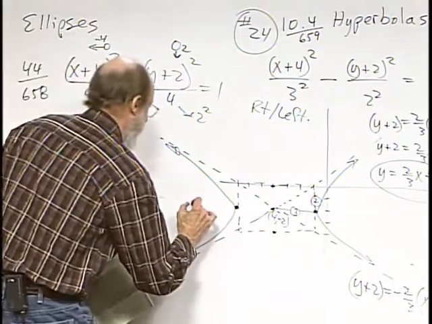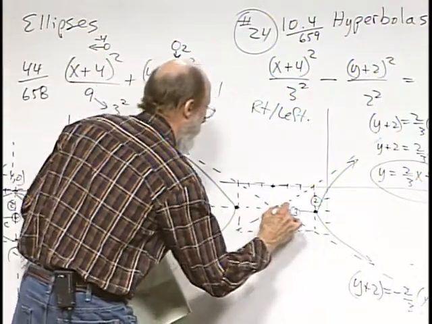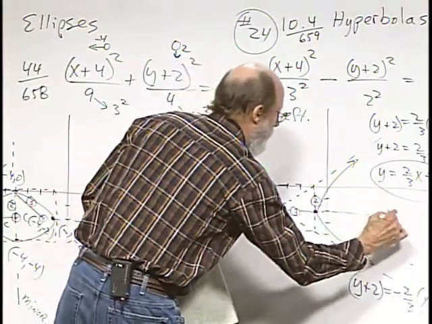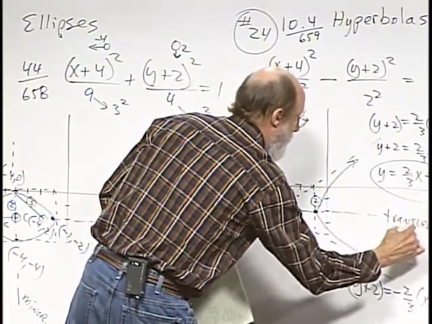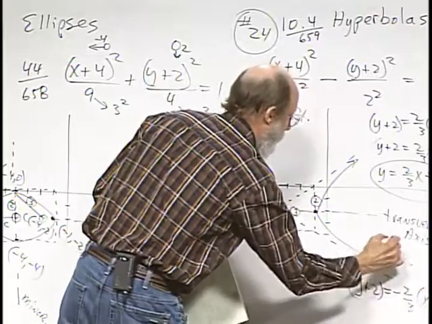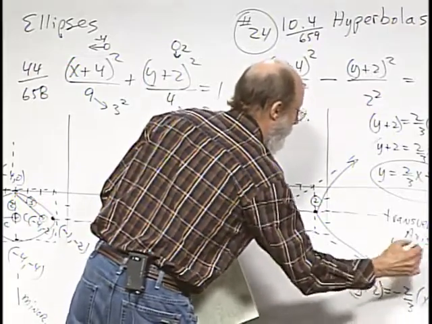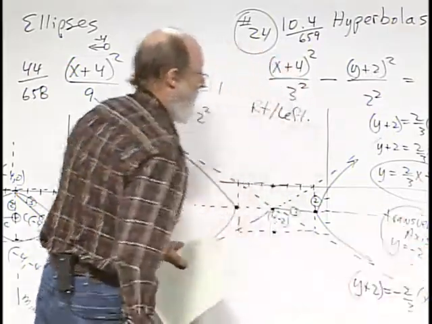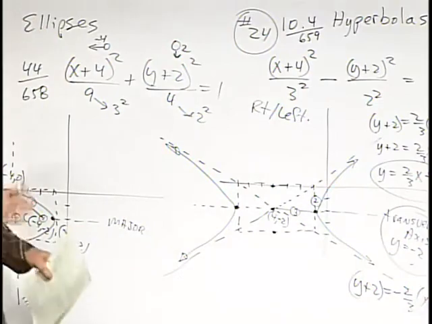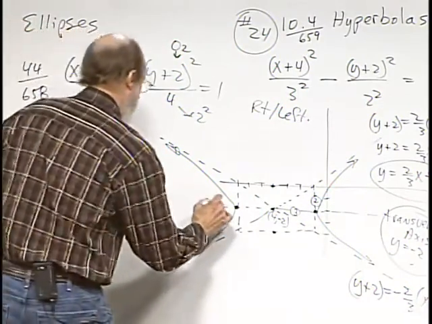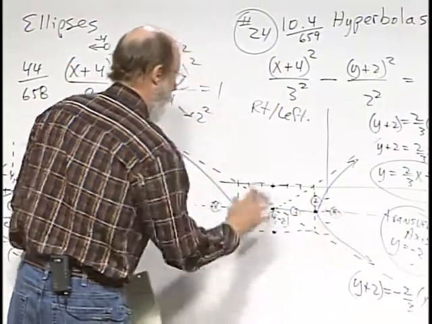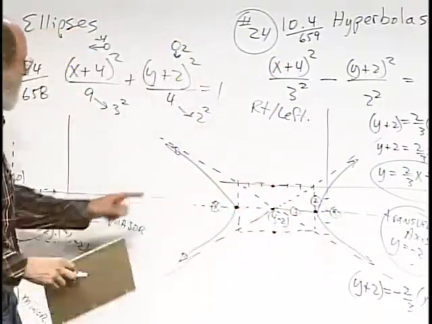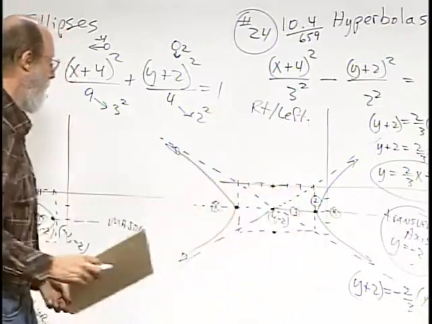And the long axis, the axis through those vertices, is called the transverse axis. Transverse axis happens to be y equals negative 2. The focus points lie on that axis, symmetrically inside the curve, inside the wings, like this.